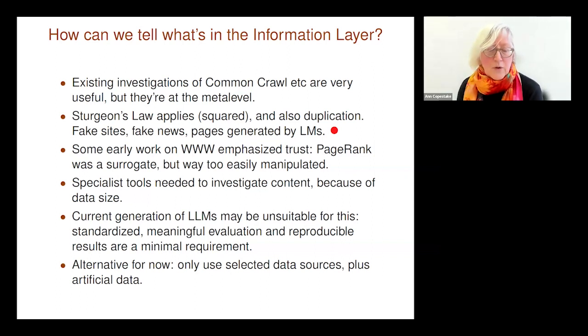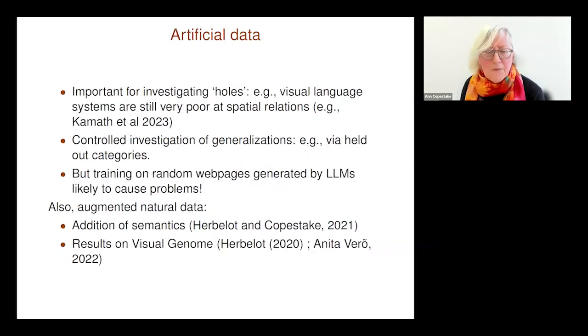The alternative for now, when you're actually building models, is to only use selected data sources, such as Wikipedia, which is not at all perfect, but at least you've got some idea of what's in it, plus artificial data. I have some slides on artificial data, but what I'm really just going to say is that I think it's really important for investigating these sort of holes in the technology.